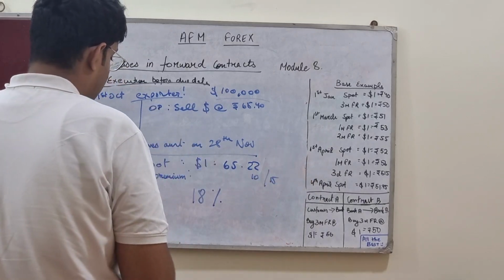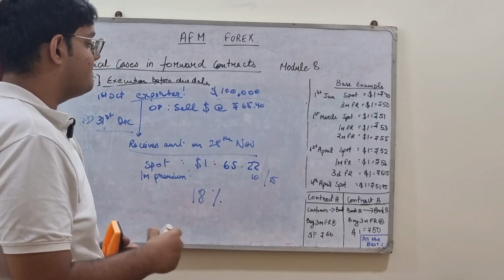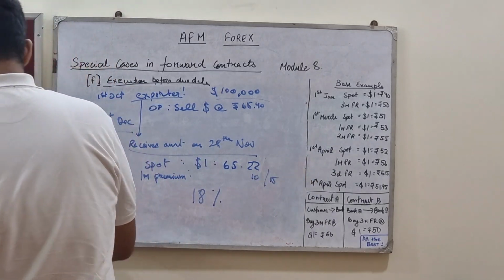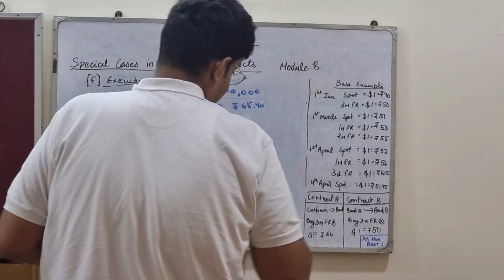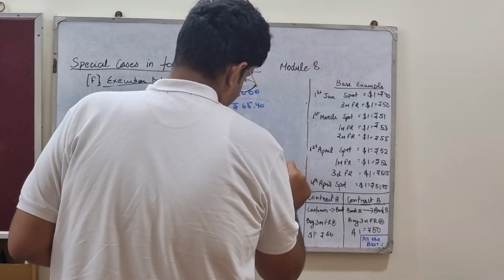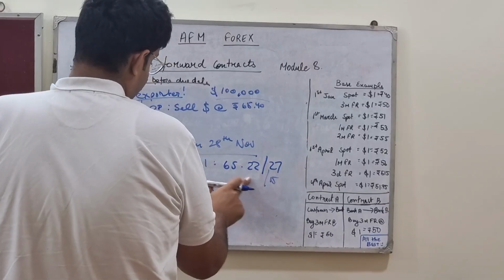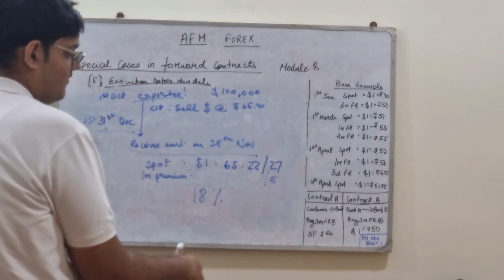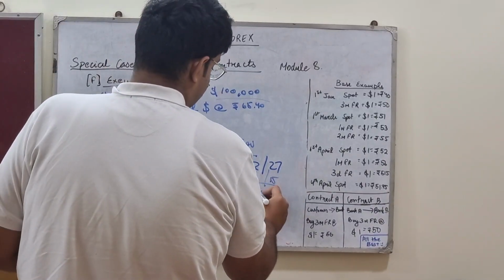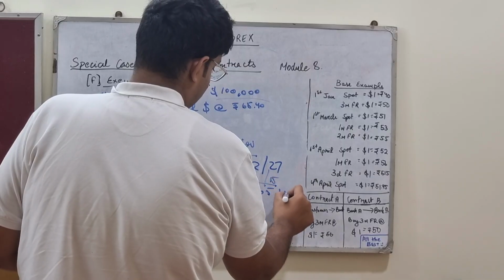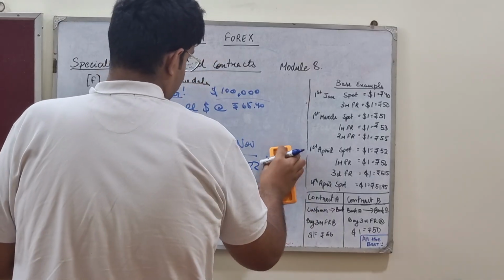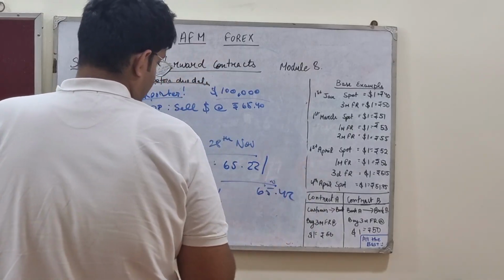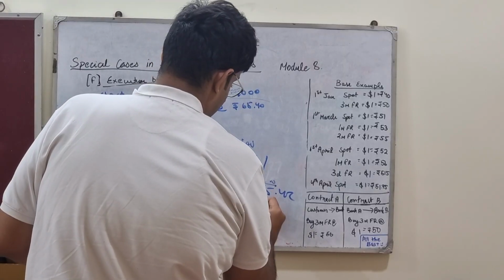For 1 month forward, we will be buying dollars 1 month forward. So this actually is relevant, my bad, 27. And then this 1 month, this 10 is not relevant. So I just calculate this, 65.42, and then these two become irrelevant, and this becomes the 1 month forward rate.